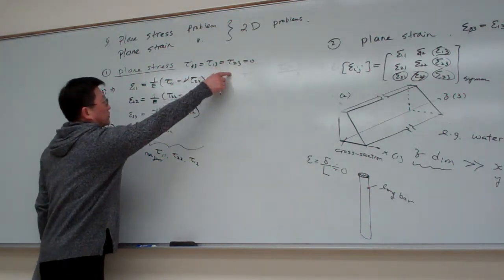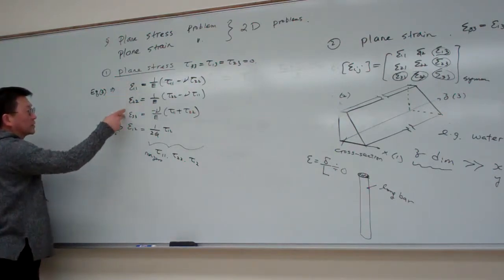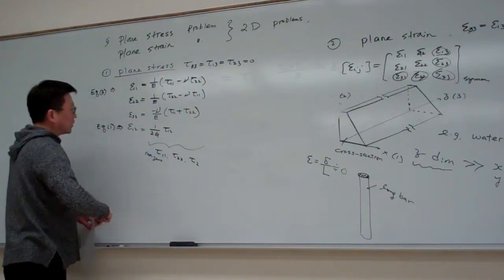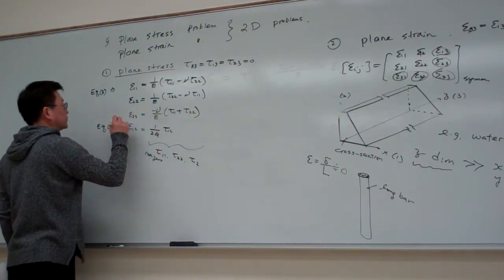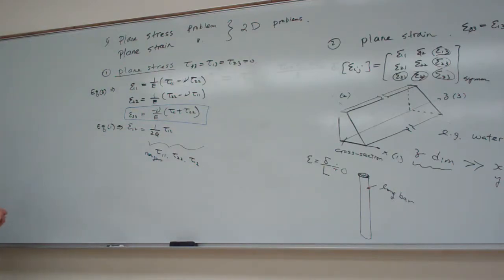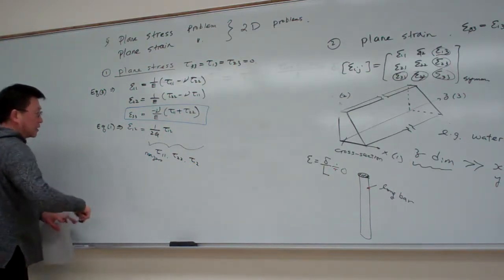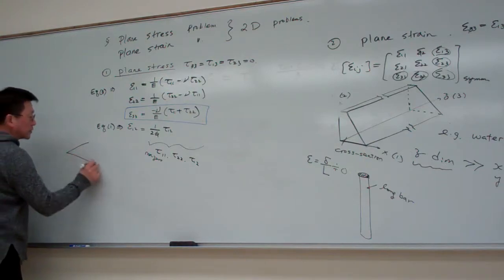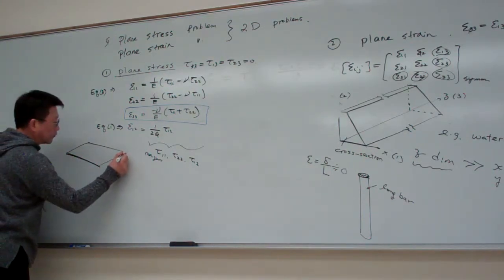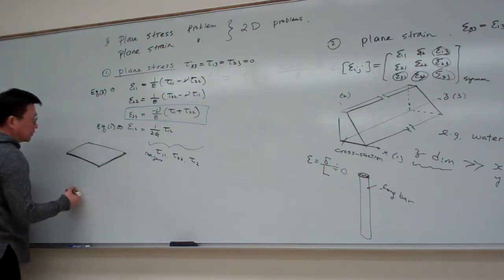And after introducing the zero elements here, on the right-hand side, in particular, I'd like you to pay attention to this term. Again, for plane stress, the material model is something like this. The plane is the thin film, or metal sheet, okay?